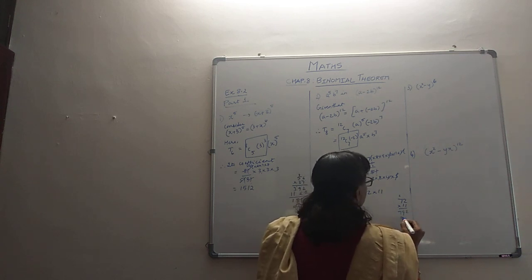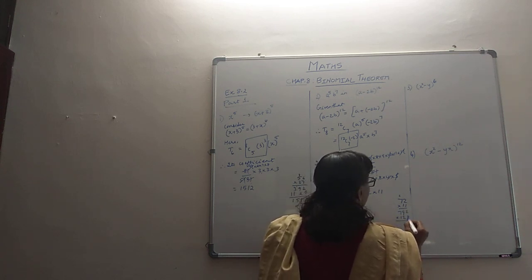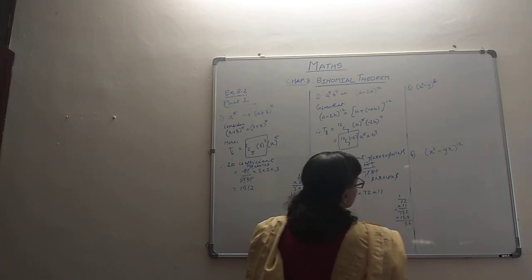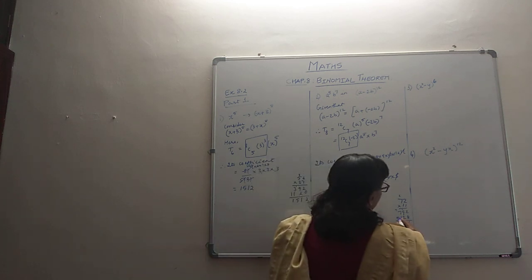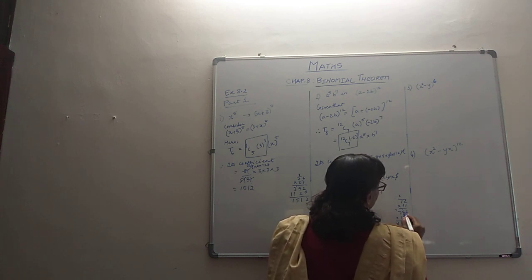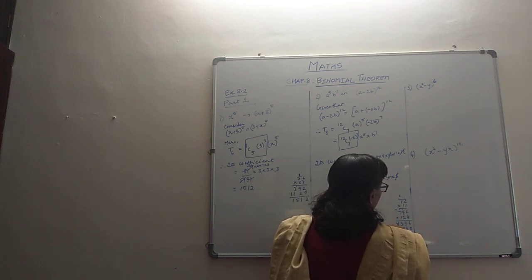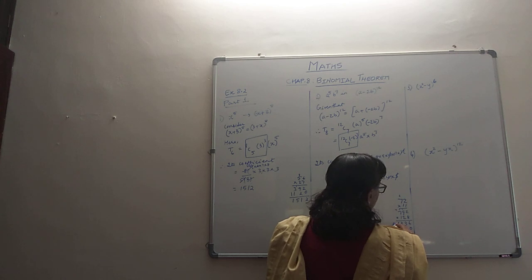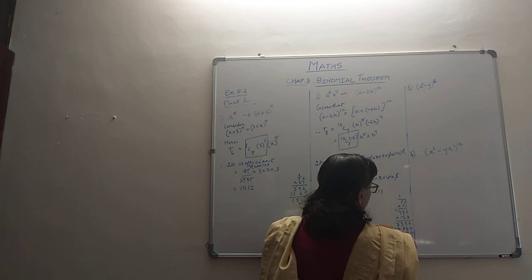Then 128, let's multiply. 8 2s are 16, 72 and 1 is 73, 56 and 7, so 63, then 2 2s are 4, 9 2s are 18, 14 and 1 15, 6, 7, 13, 11 and 9 20, 10.